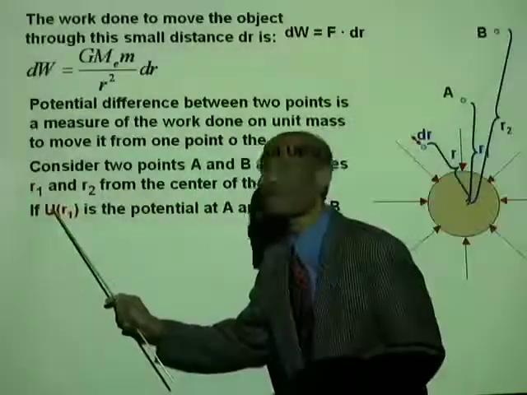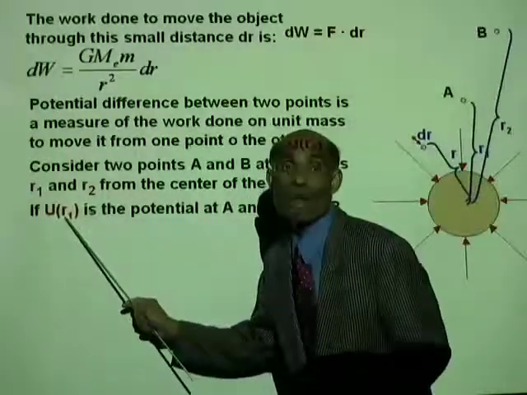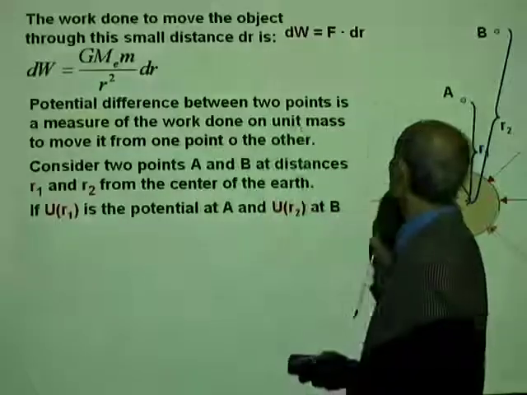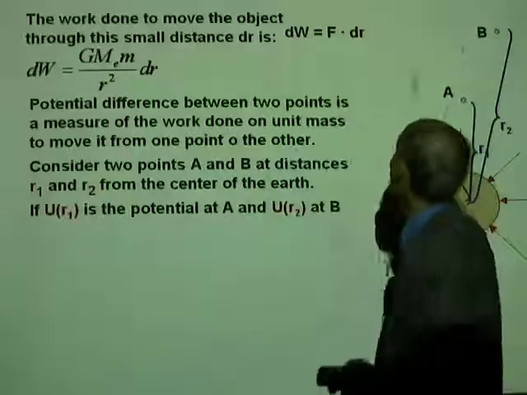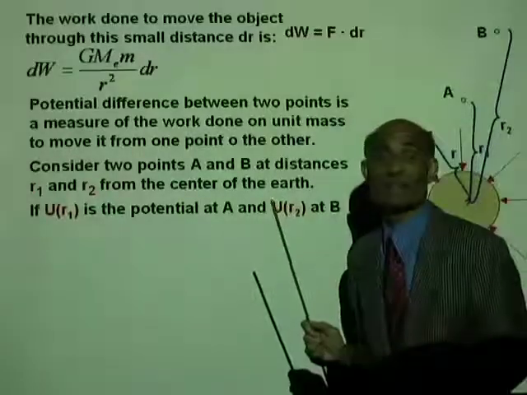And we're going to say, let U(r1) be the potential at A and U(r2) be the potential at B.